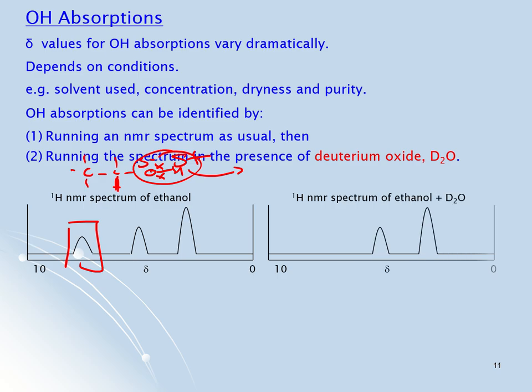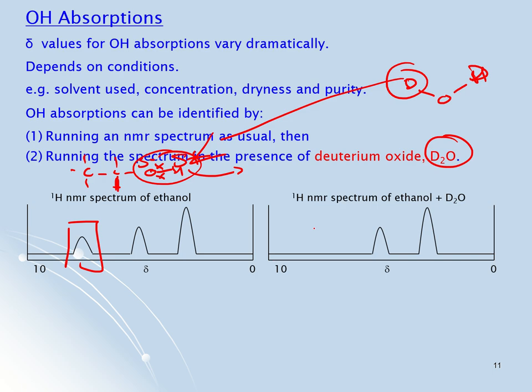So if I pop this into some heavy water, deuterium oxide or deuterated water, which is D2O, this D can swap with that hydrogen really quickly, and it does it quicker than the NMR machine can pick up.